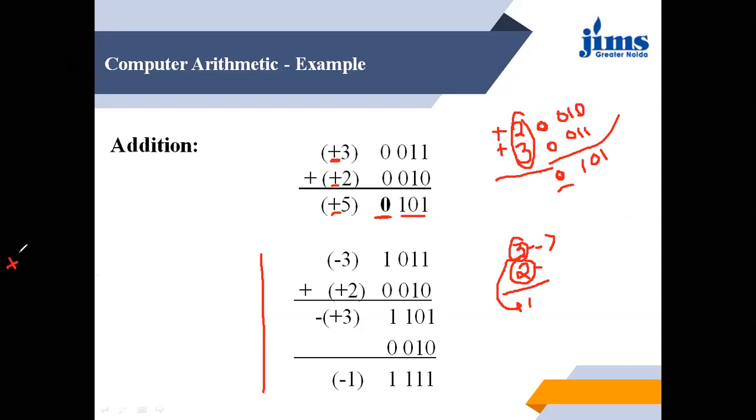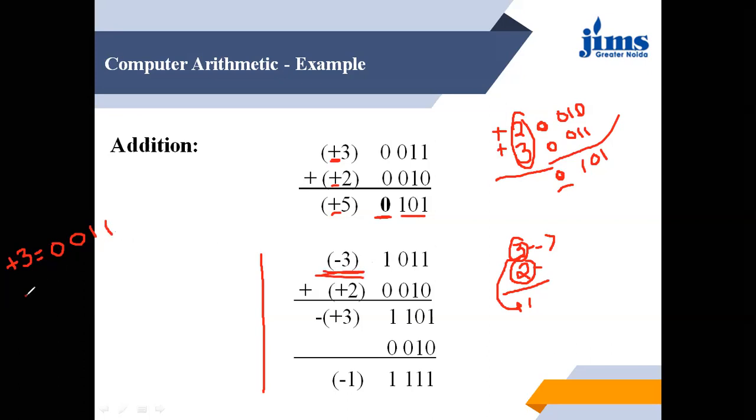We have to add minus 3, so first I will write plus 3. Plus 3 is, as this is a plus, sign bit will be 0, and then 0, 1 and 1. This is plus 3. Now I have to write minus 3, so I will write the 2's complement of this.